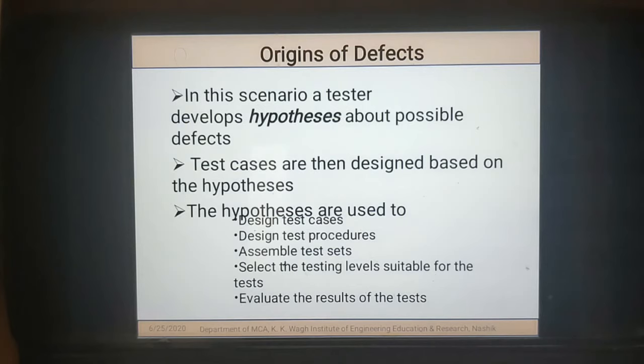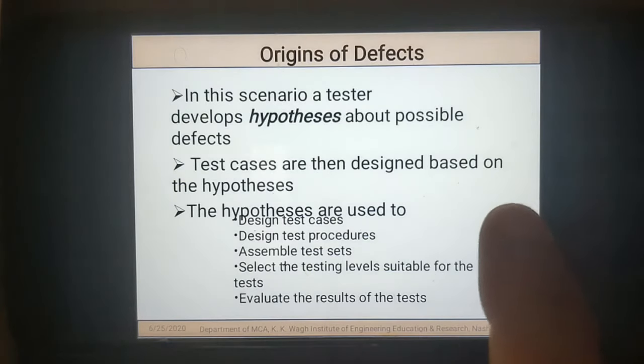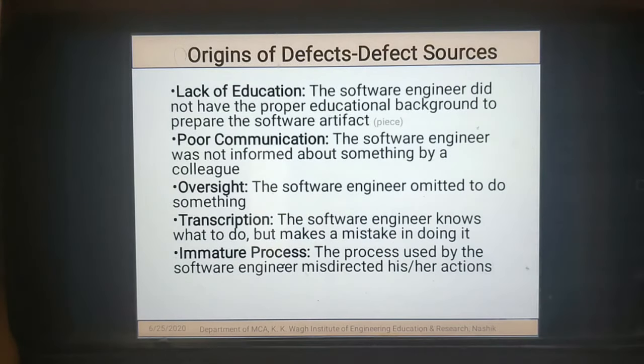For each and every situation in a hypothesis that you consider, you have to design the test case for it. Then you have to design the procedure for it, assemble the test set for it, and then by putting in the appropriate testing level, implement the suitable test on it. You have to evaluate those test cases. That is the hypothesis that helps to identify the origin of the defect in the system.